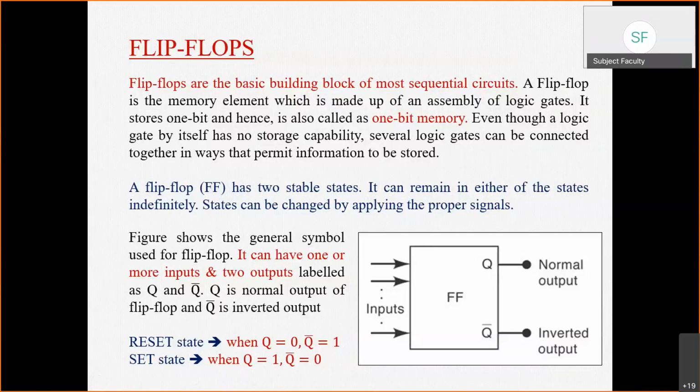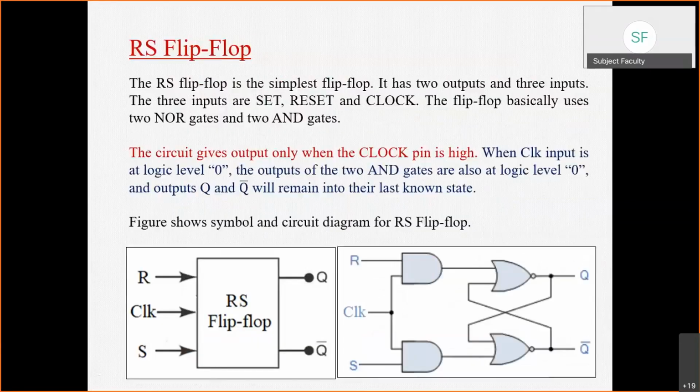Okay, so these are the few important points about any flip-flop. Then we already discussed the RS flip-flop, which is also called SR. RS and SR are one and the same thing. This is the block diagram of your RS flip-flop. It will have three inputs. R stands for reset. CLK is the clock input.